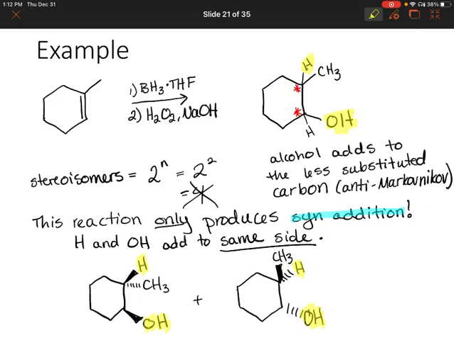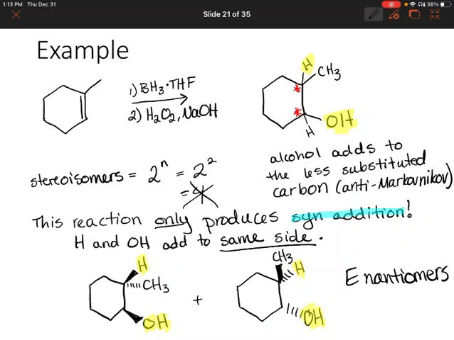So both stereocenters flipped, right? Initially we had 2 wedges and then they became 2 dashes. So would that make them enantiomers or diastereomers? Enantiomers. So we didn't even have to do the R and S stuff.